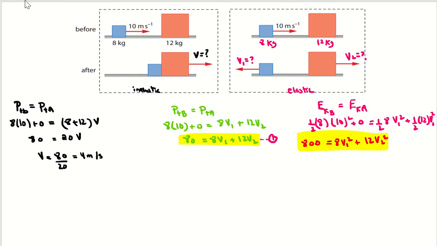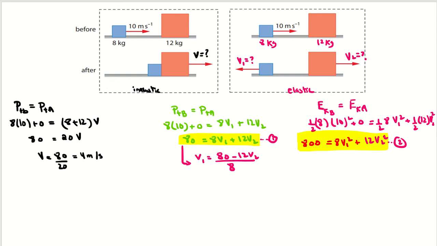So what you're going to do now is put one equation in terms of the other. So for example, I can write v1 equal to (80 minus 12 v2) over 8. Okay, and then I can put it in this equation and try finding v2.